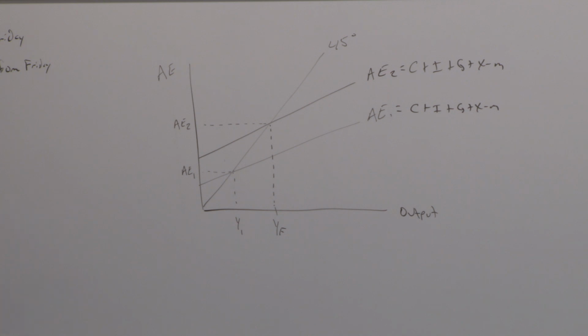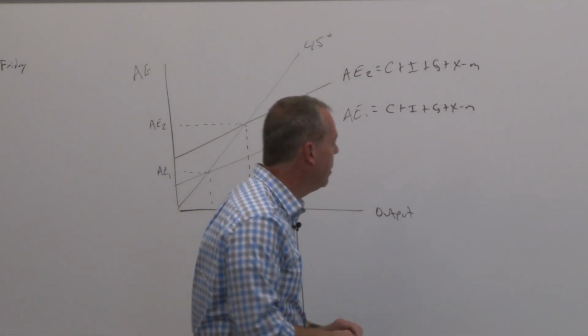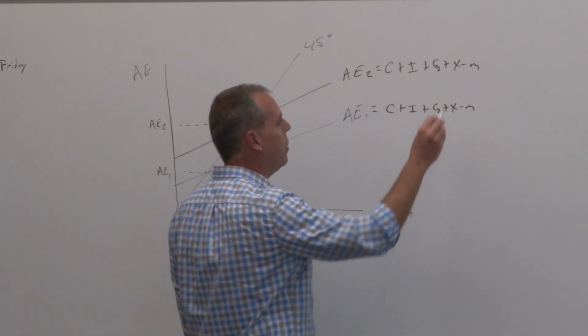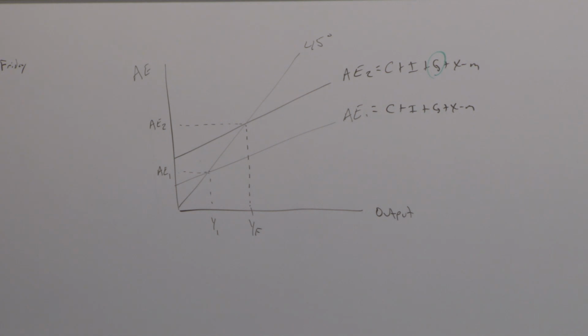And like we said, the easiest thing to do, and by easy I mean relatively easy, none of it is easy, it's all hard, but some of it's relatively easier than others, is to change government spending. To increase or decrease government spending, and consequently increase or decrease taxes. Those are going to have the exact same result in terms of changing this aggregate expenditure.